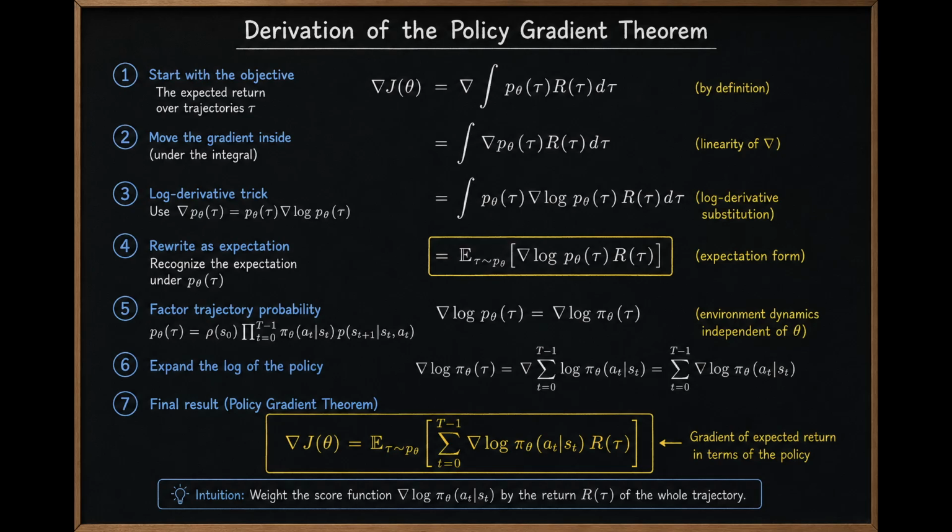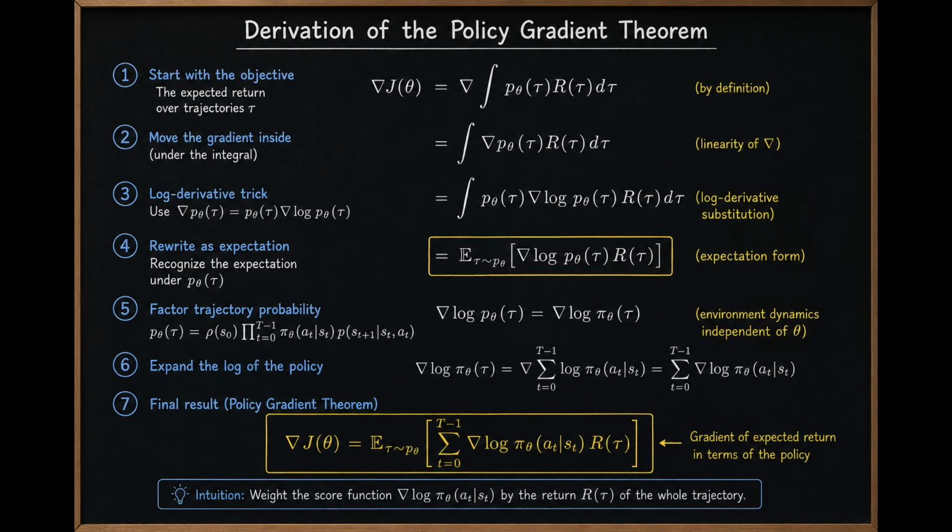All right, here's where the magic happens. We want to compute del theta J of theta equals del theta E sub tau over p sub theta of R of tau. Let's expand the expectation by writing it as an integral over all possible trajectories, equals del theta integral p theta of tau R of tau d tau.